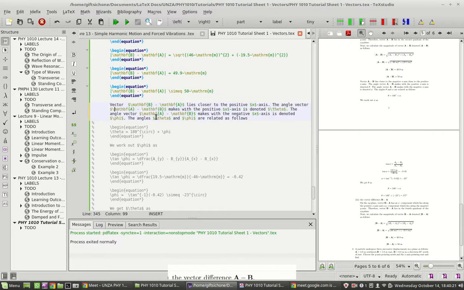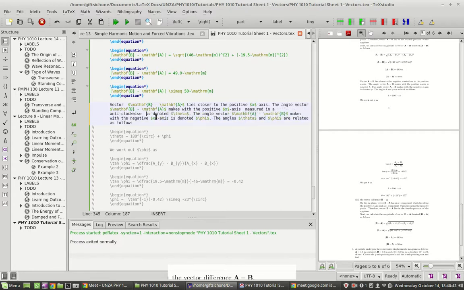The angle vector b minus a makes with the positive x-axis, measured in a clockwise direction, is denoted phi.